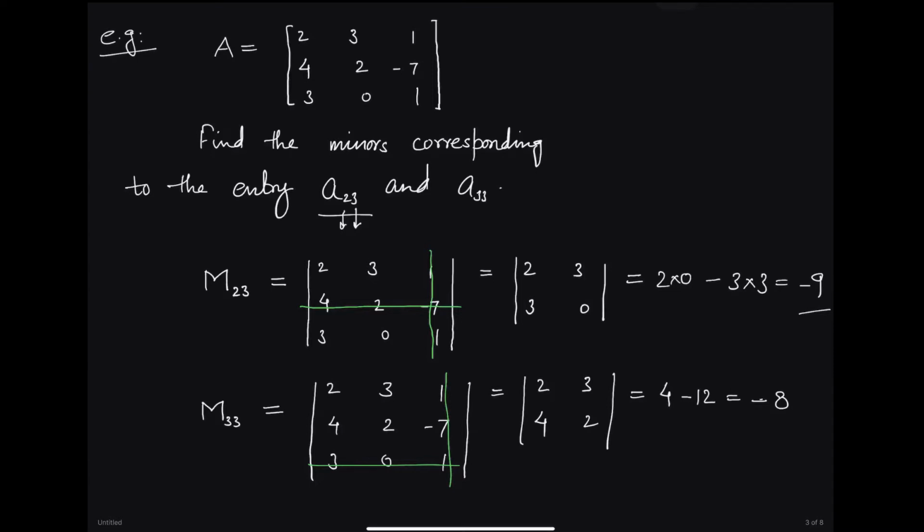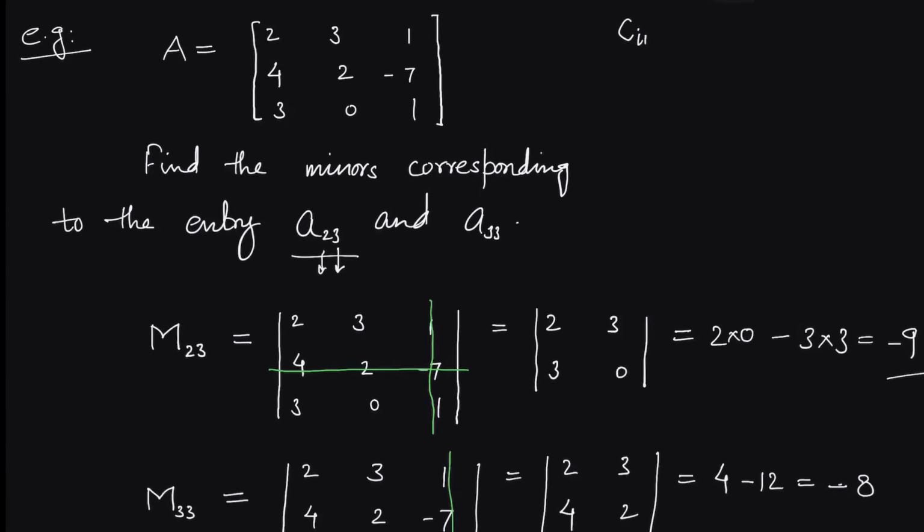Now, how do we find the cofactors? We know that the general formula for the cofactor is Cij equals (-1) to the power i plus j times Mij. So if we have to find the cofactor C23 corresponding to the entry in the second row and third column, it will be (-1), with i equal to 2 and j equal to 3, times M23.